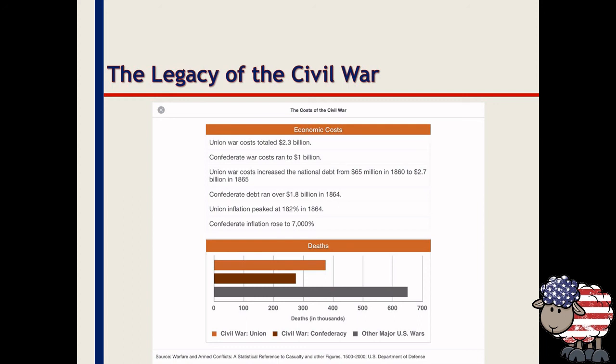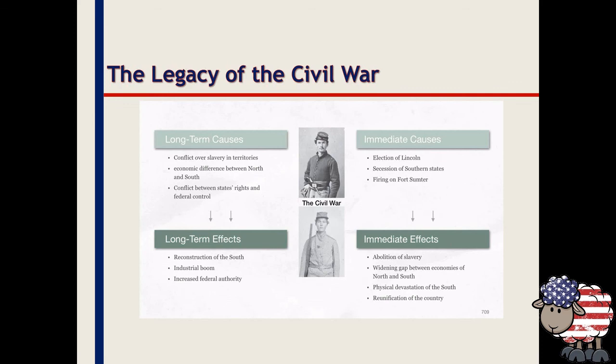And then, continuing with the legacy, the causes of the war: conflict over slavery in the territories, the economic difference between the industrial North and the agrarian South, especially over the labor sources of those two different economies, and the conflict between states' rights and federal control. After the war, we're going to have Reconstruction in the South, an industrial boom, and increased federal authority throughout the United States.